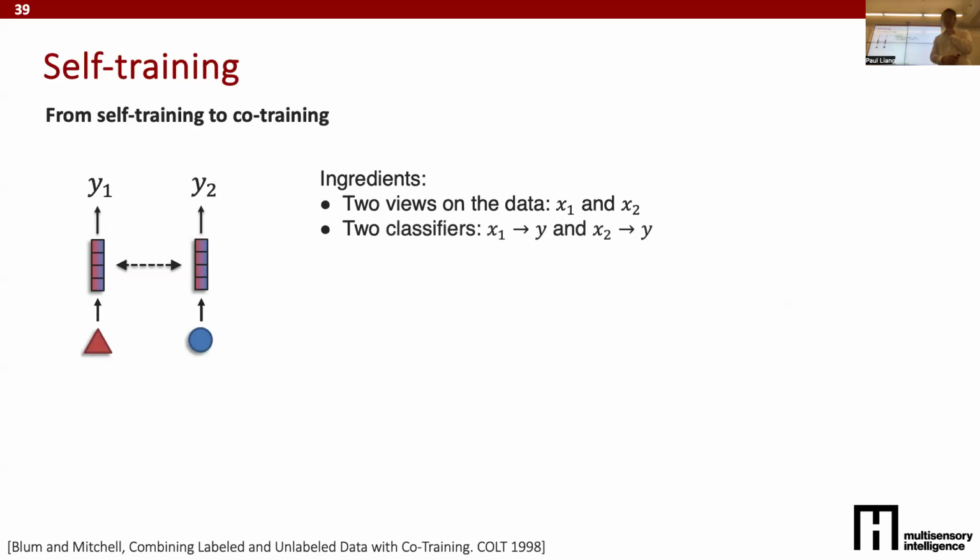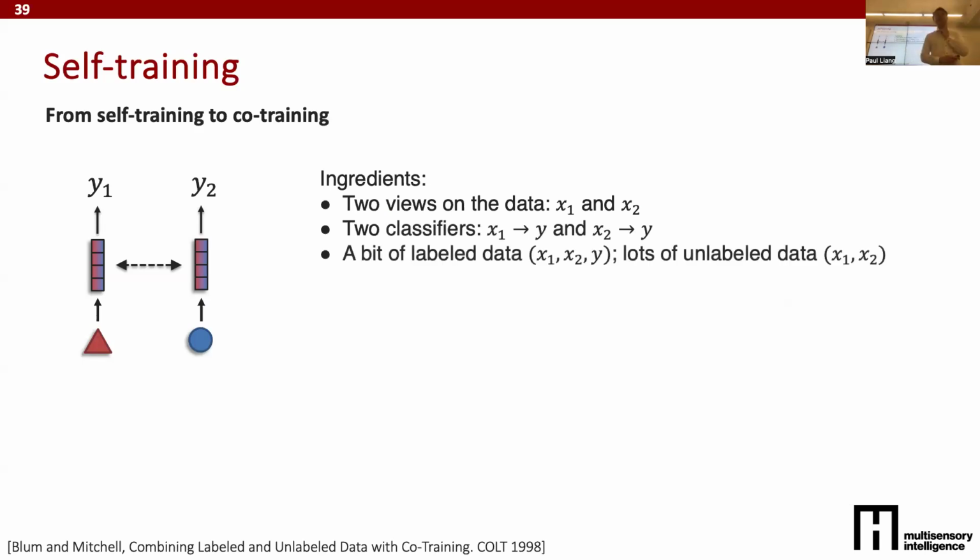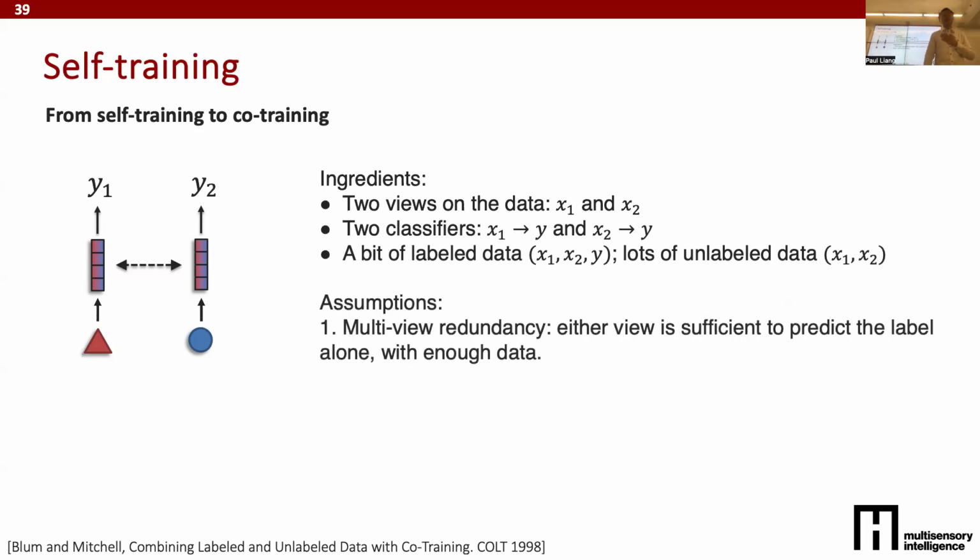You have two classifiers, and you have some labeled data x1, x2, and y, and some unlabeled data just x1 and x2. But critically, it has to be paired up. And there are some key assumptions: the two modalities are redundant, so there's common information between them that is critical for the task. There can't be too much unique or synergistic fusion information.